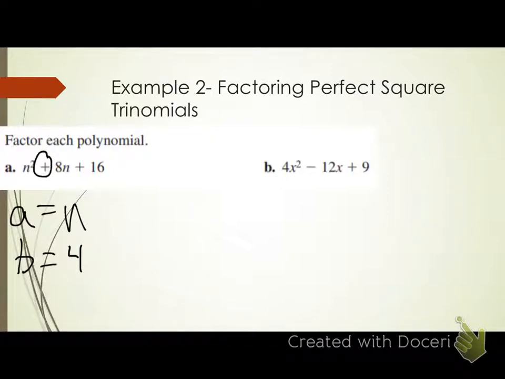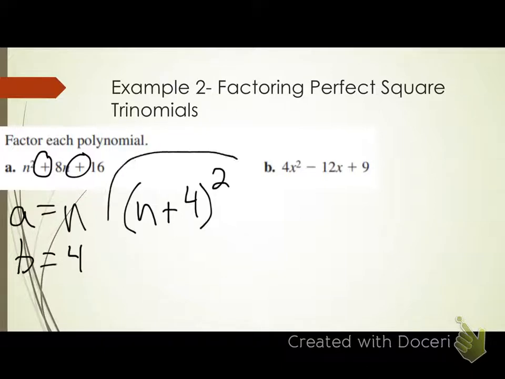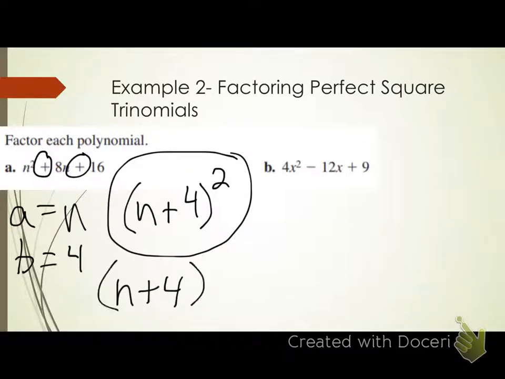It is plus plus, so I know I'm going to have something plus something squared. My a value is n, so I plug that in the a spot. My b value is 4, plug that in the b spot, and there's my answer. N plus 4 squared.